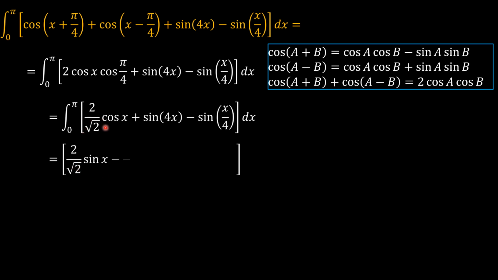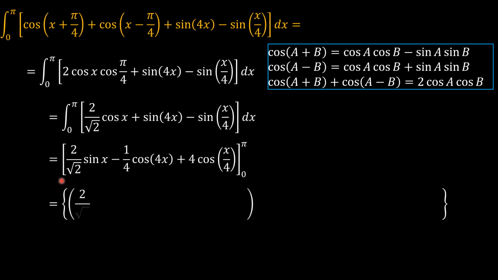And then when integrated, you have 2 over root 2 sine x minus a quarter cosine 4x, plus 4 times cosine x over 4. And obviously sine pi is 0, sine 0 is 0, so this initial term is just going to fizzle out.